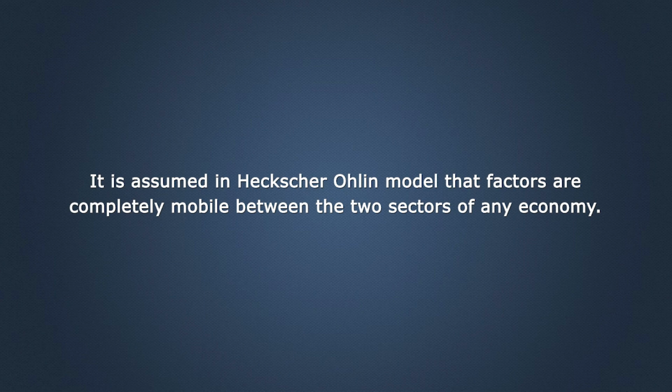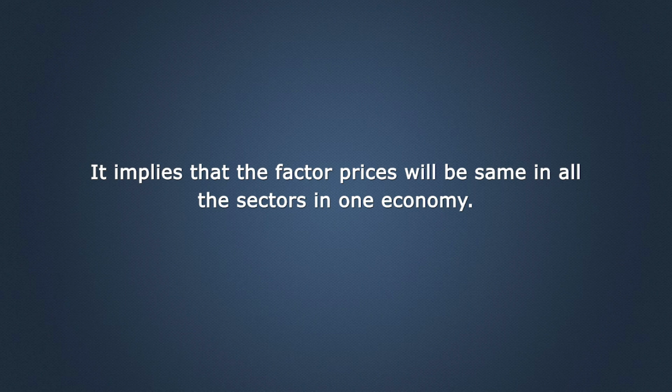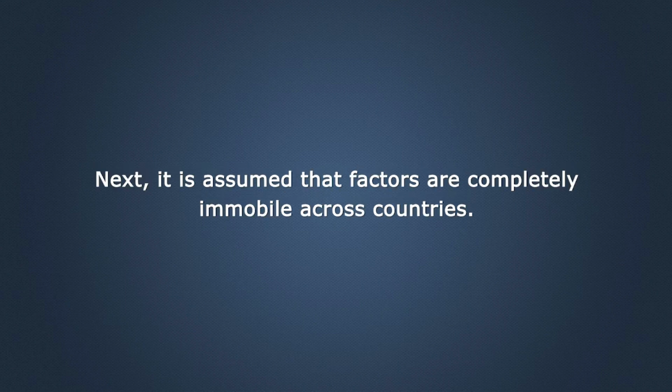Next, it is assumed in the Heckscher-Ohlin model that factors are completely mobile between the two sectors of any economy. It implies that the factor prices will be the same in all the sectors in one economy. Next, it is assumed that factors are completely immobile across countries.